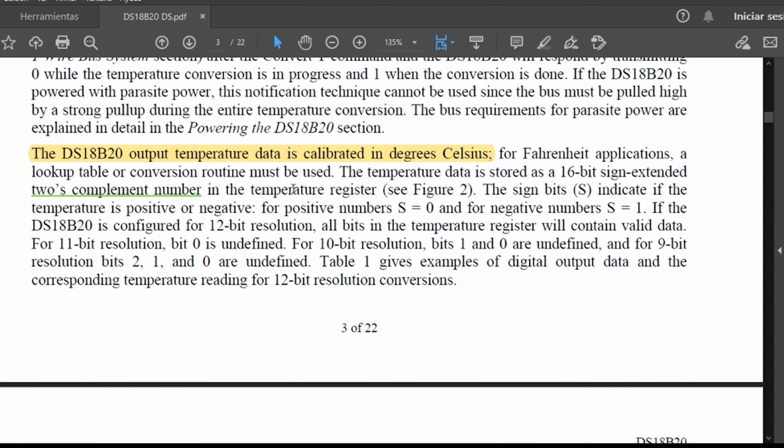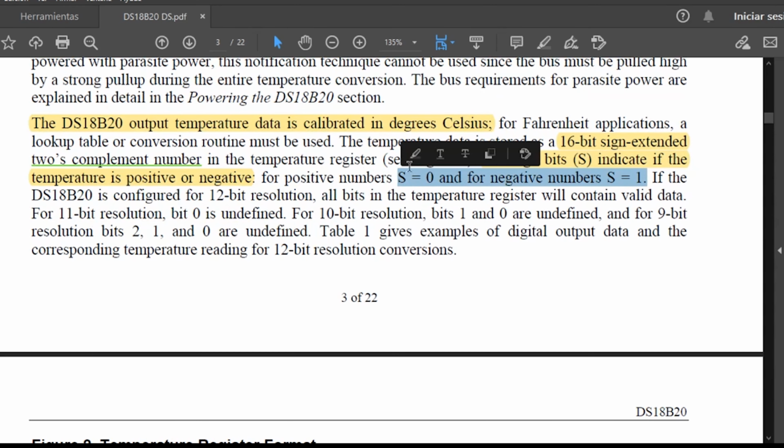The data is stored in a 16-bit sign-extended two's complement number. As we know, the sign bit indicates if the temperature is positive or negative, being 1 as negative and 0 as positive.